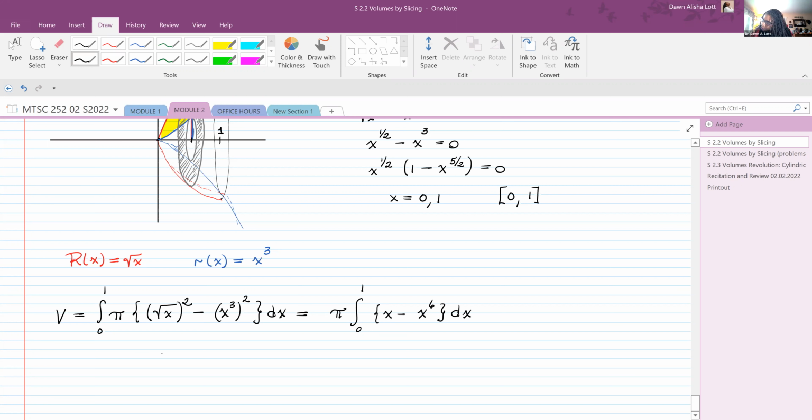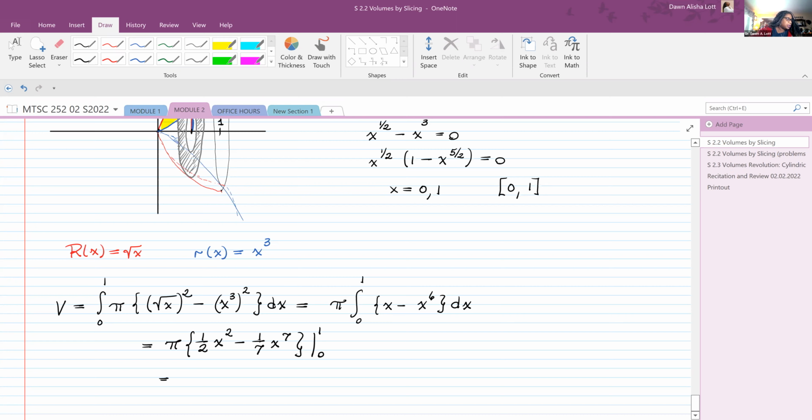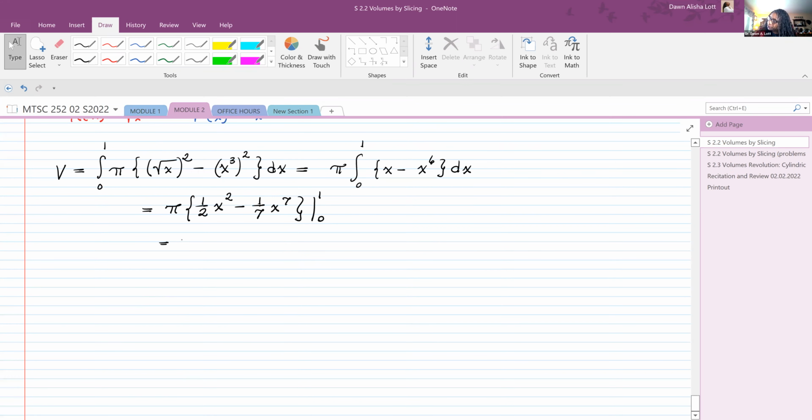So that is pi times 1/2 x squared minus 1/7 x to the 7th, evaluated between 0 and 1. And that's just 5 pi over 14. Okay. Any questions?